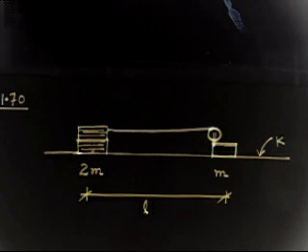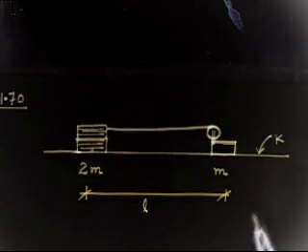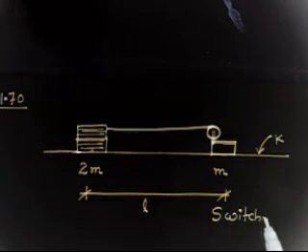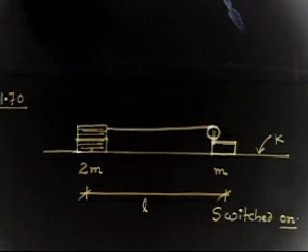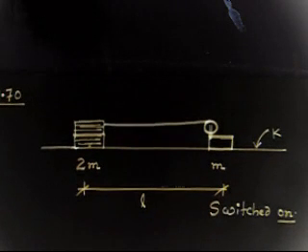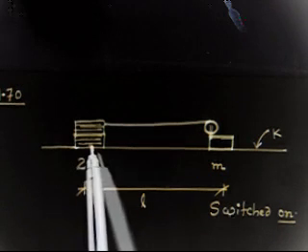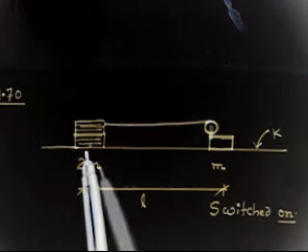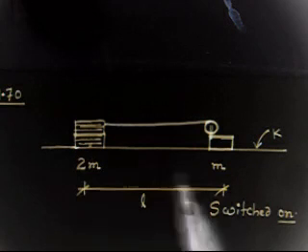Now any other thing that is given: when the motor is switched on, the bar, whose mass is twice as great as that of the other object, starts moving with a constant acceleration w.